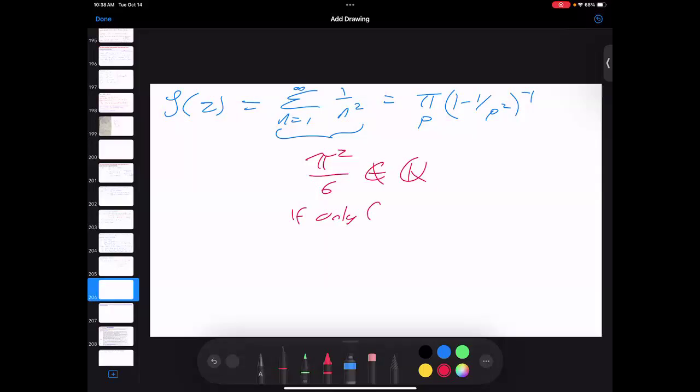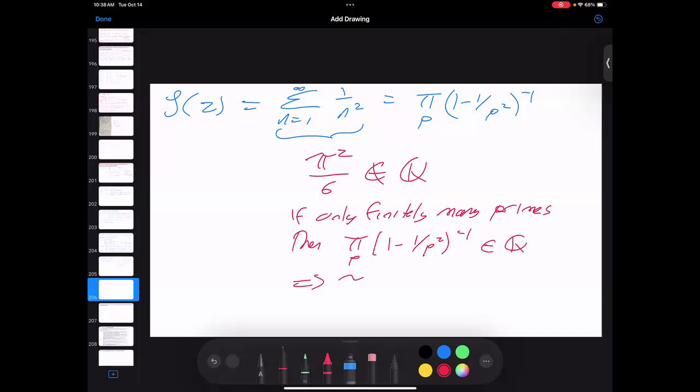If only finitely many primes, then the product over p of 1 minus 1 over p squared inverse would be rational. Therefore, pi squared would be rational. Contradiction. So this is a really nice special value proof that there must be infinitely many primes.